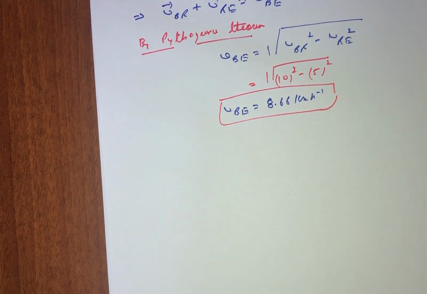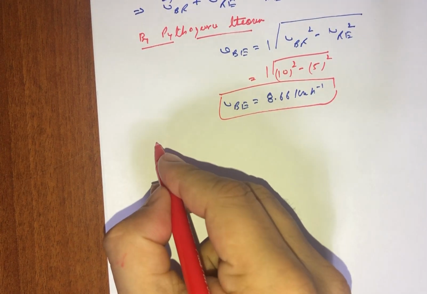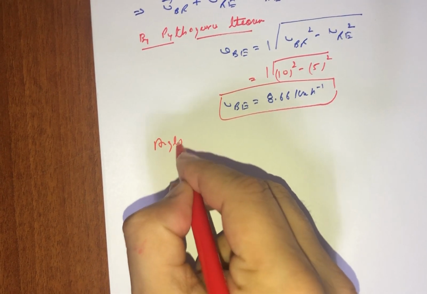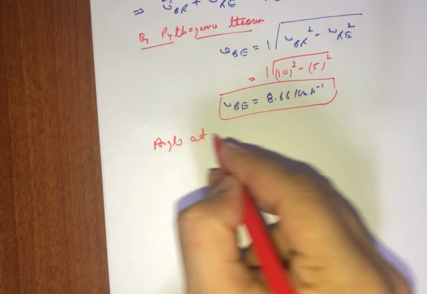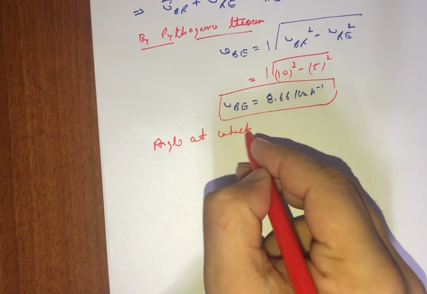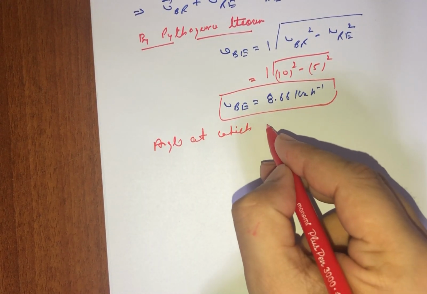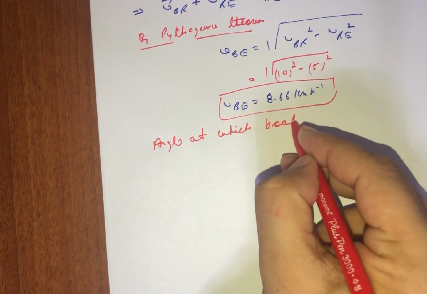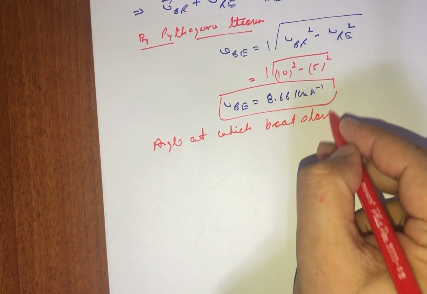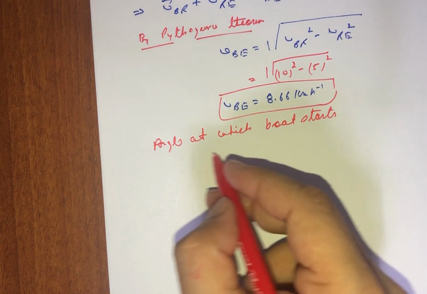Now we are going to find out the angle at which the boat starts. So this angle is given as theta.